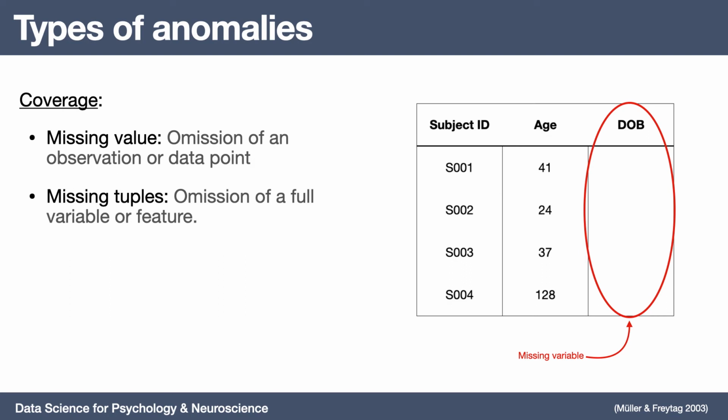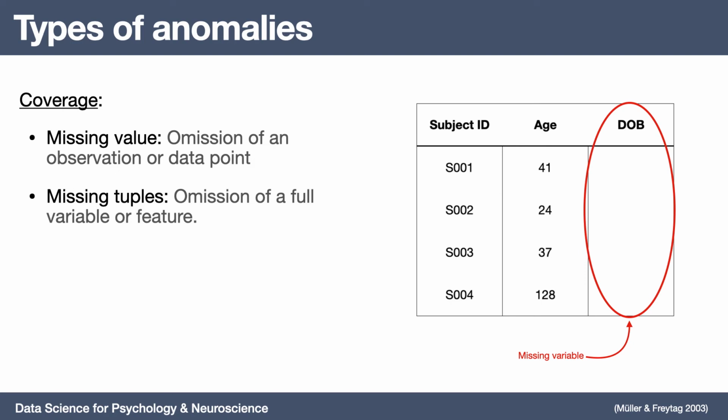Now, missing values and missing tuples are the two big coverage errors that you'll see, and they're pretty quick to see. In many cases, in R and MATLAB and Python, if you actually have missing values or partially observed variables, there are entries that you specifically designate to indicate that something is missing.